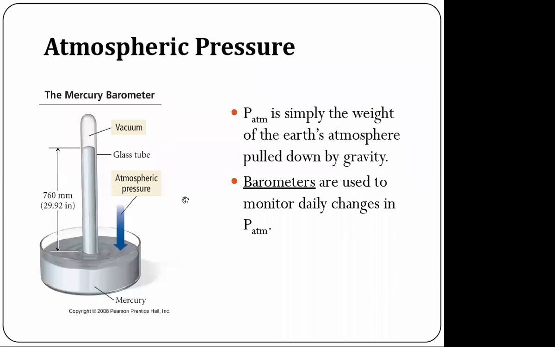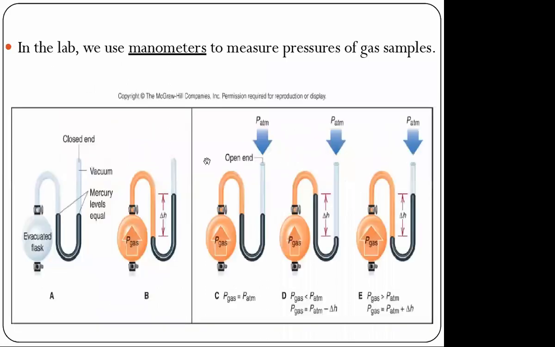So one atmosphere translates to 760 millimeters of mercury. You can use a barometer to measure atmospheric pressure on a daily basis. However, in the laboratory, a manometer is used to measure pressure.